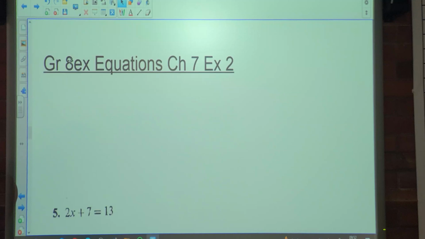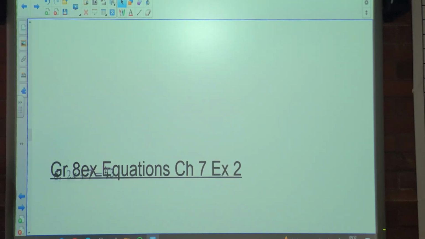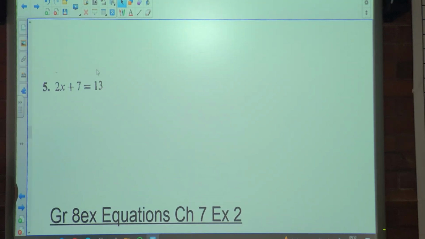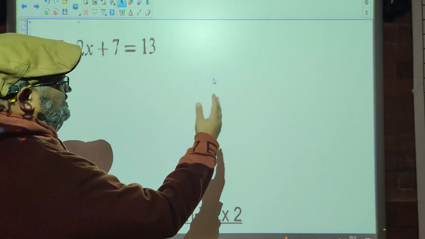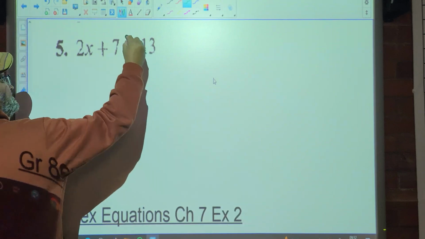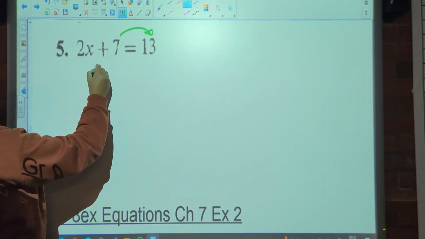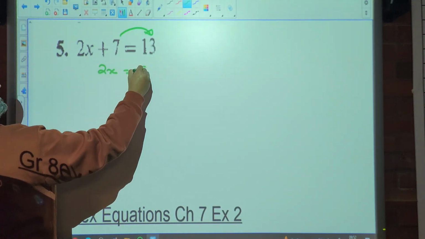Look at the next question, number 5. We have 2x plus 7 is equal to 13. Again, the idea is to keep the x's on the left hand side and everything else on the right hand side. We take 7 over the equal sign. So 2x is equal to 13.